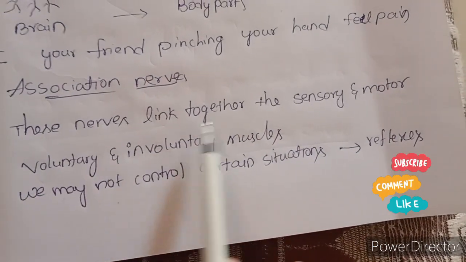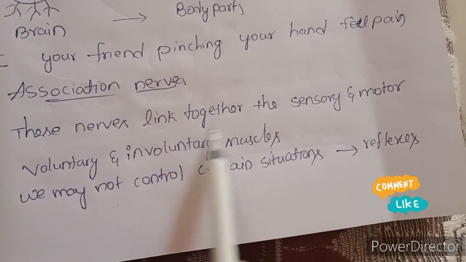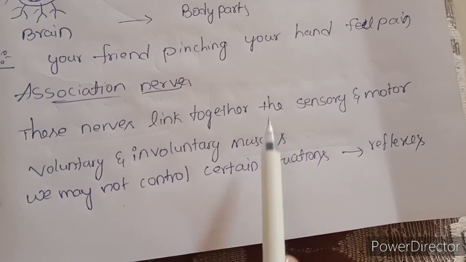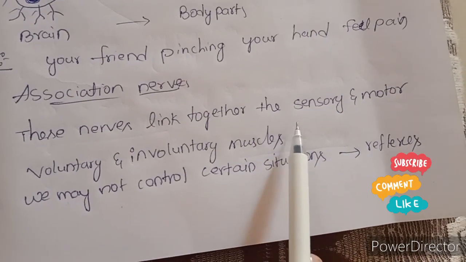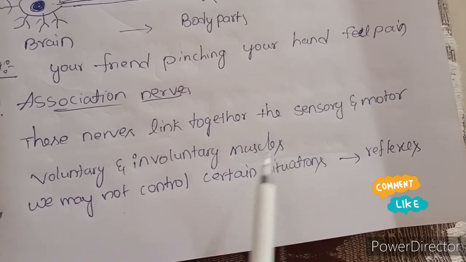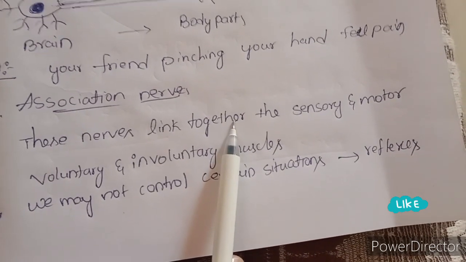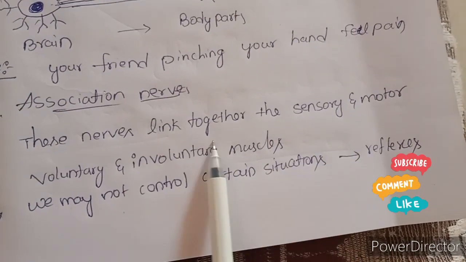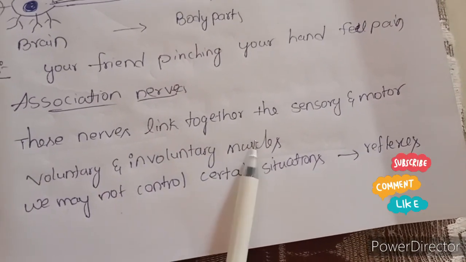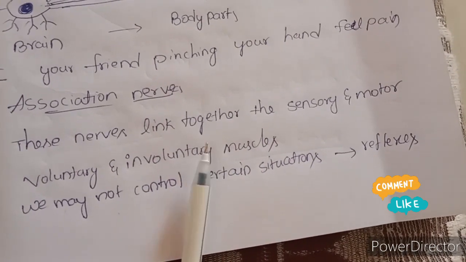Association nerves first move information to the sensory, then to the afferent, and again to the brain. This is how association nerves work. This is the overall topic of the nerve cell.